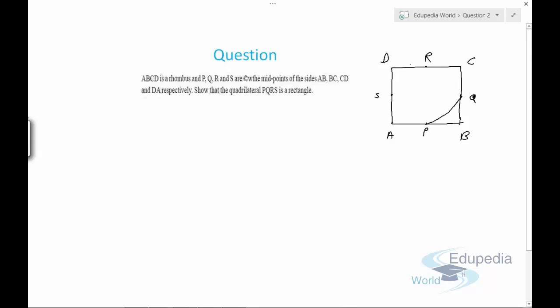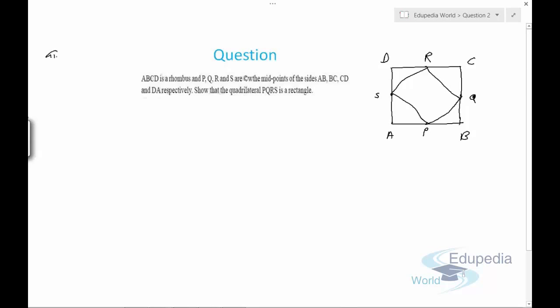Now we need to show that the quadrilateral PQRS is a rectangle. So we need to prove that PQRS is a rectangle. So let's see how we can prove this.